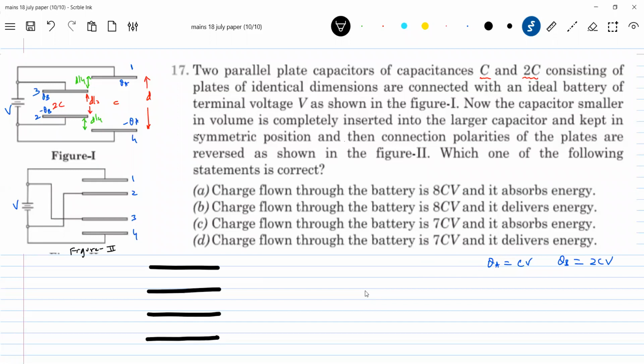So here the connection. Already we have discussed numericals of this kind, where the battery is connected. I'll bring the battery now.